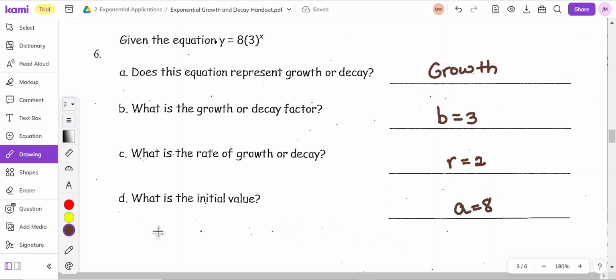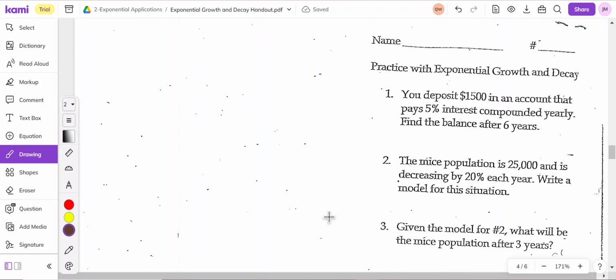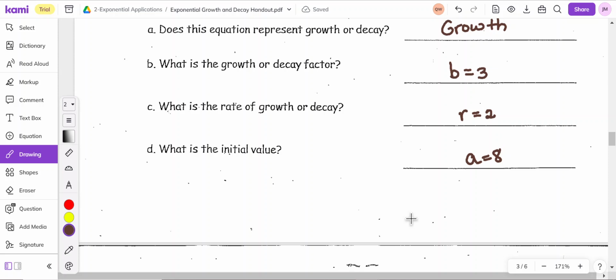Good. Now let's take it up to the next level. For R, we said it was growth, and B is equal to 1 plus R when it's growth. So 3 equals 1 plus R. Subtracting 1 from both sides, we get that R equals 2.